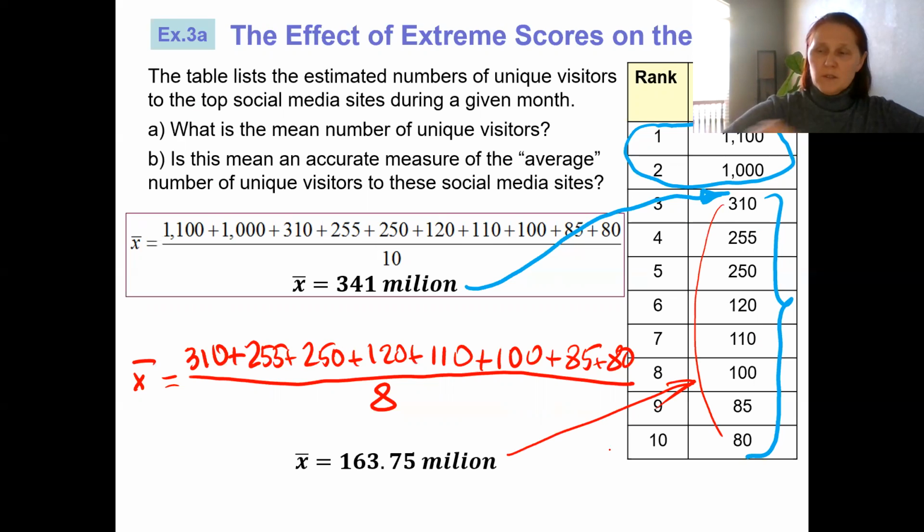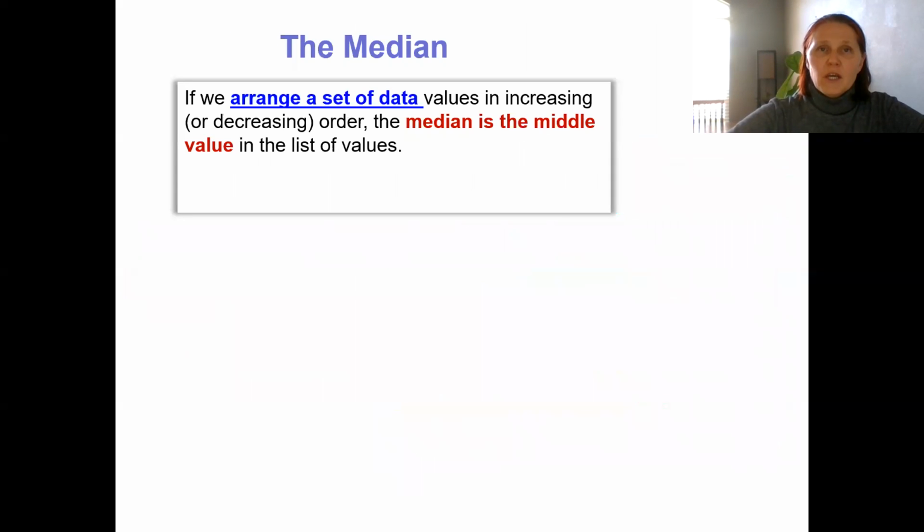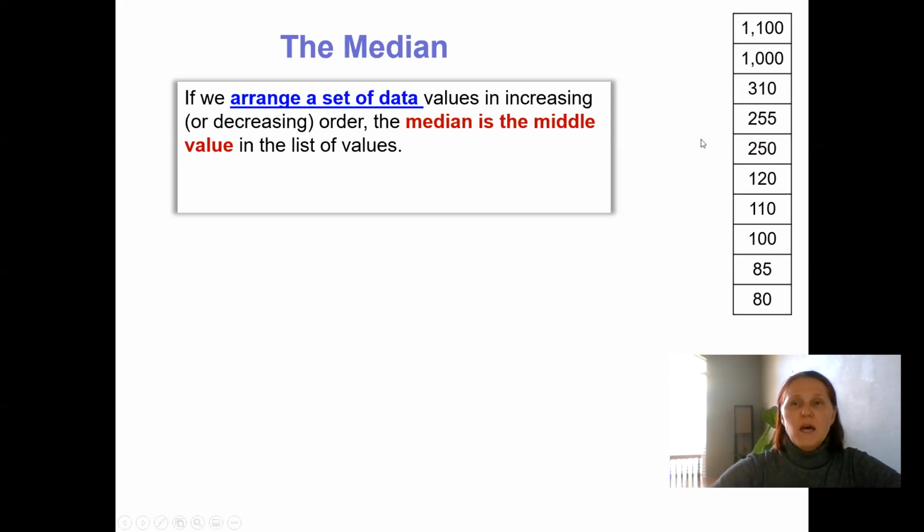So often when you consider the mean, you have to decide what to do with outliers, or remember that they influence the mean very much. Maybe you prefer to use another method to determine the average, like the median. To find the median, we first have to arrange the data set. In this example, we have the numbers already arranged from 80 to 1,100.